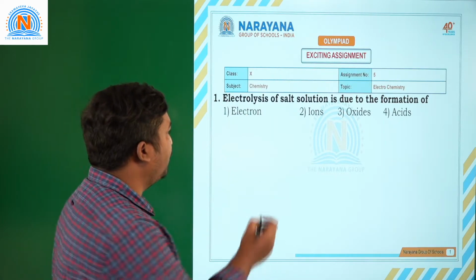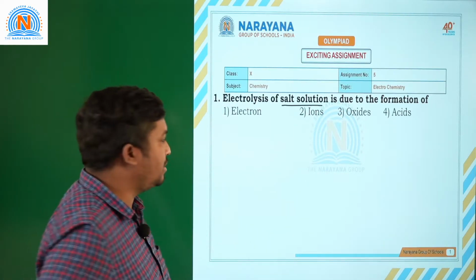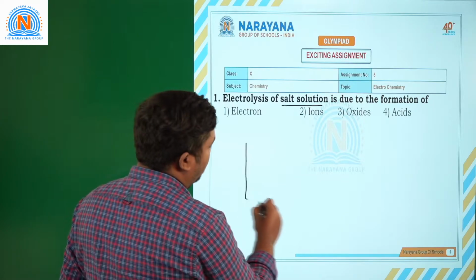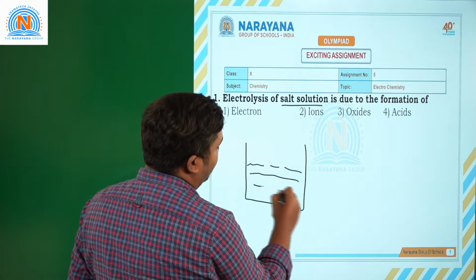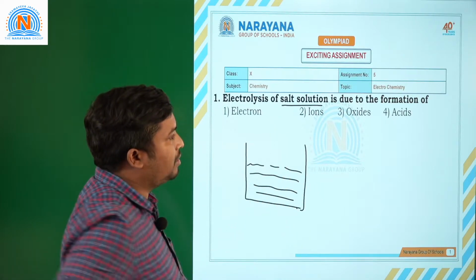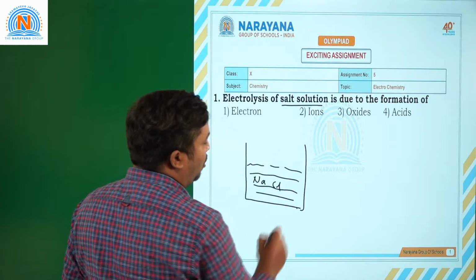So generally when you dissolve a salt in water, let us take NaCl, the common salt that we have in the house.